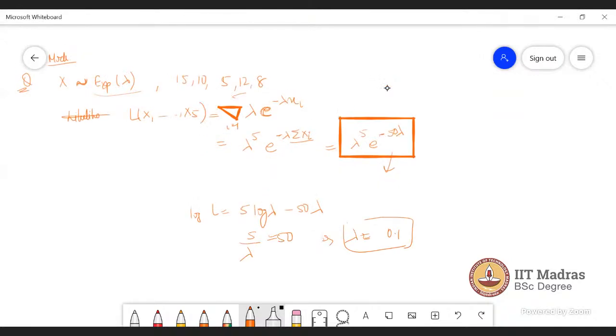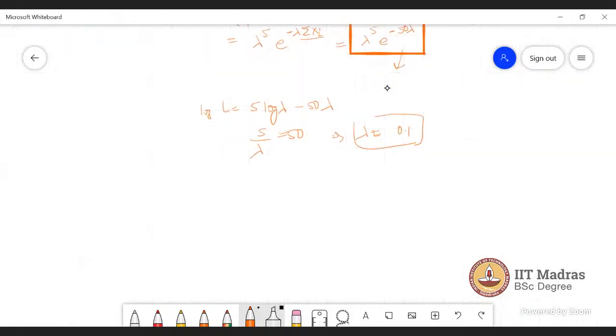Now the second problem was finding the Bayesian estimator. Find the posterior mean of lambda using the exponential 1 by 10 prior. So the prior of lambda is given to be exponential 1 upon 10.